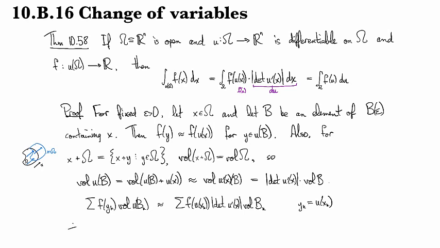And then taking the limit as epsilon goes to 0, that approximation becomes an equality. And so that's how it works.